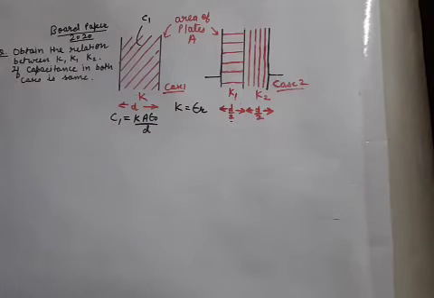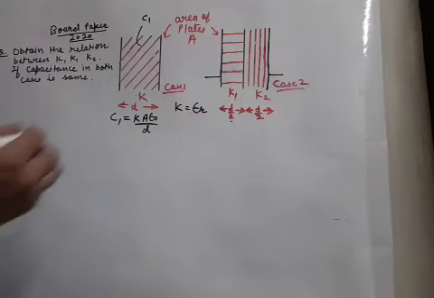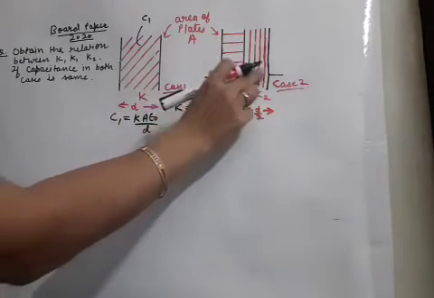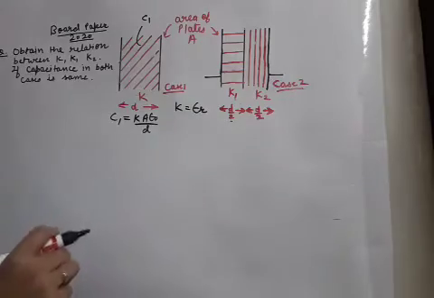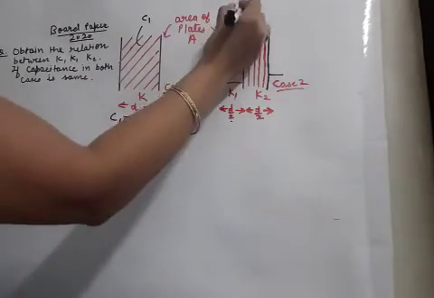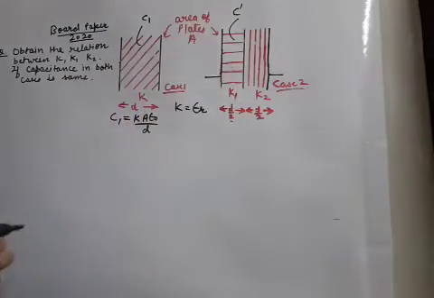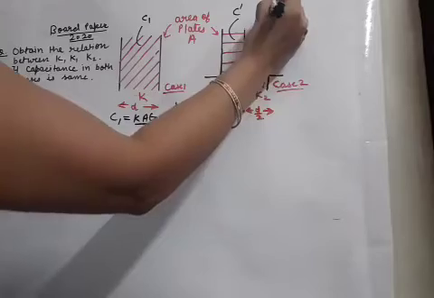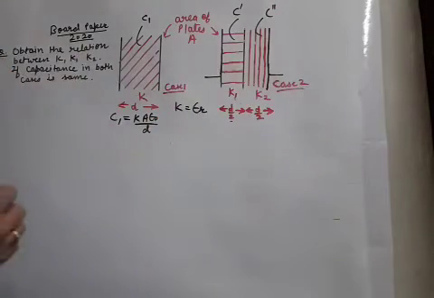Now come to this side, case number two. Here we can see that two separate mediums are filled. So we will call the capacitance of the first part C dash and the capacitance of the second part C double dash.